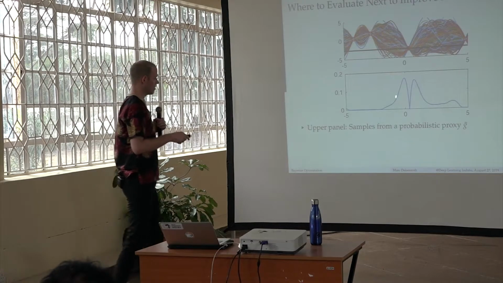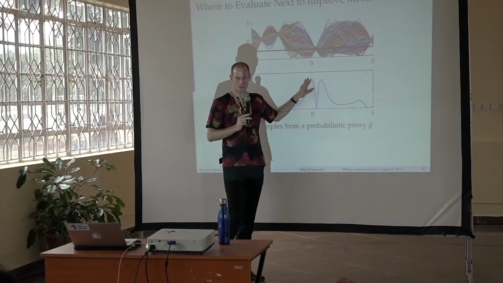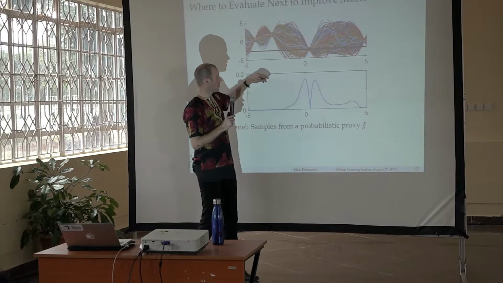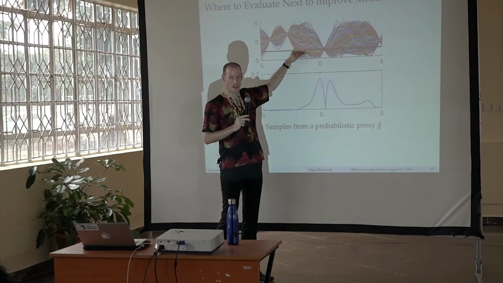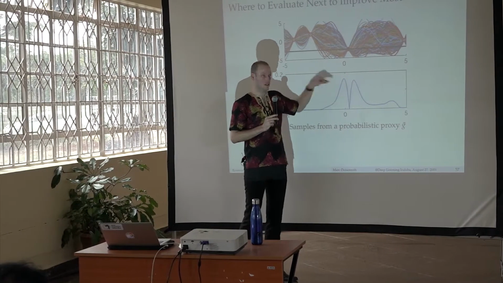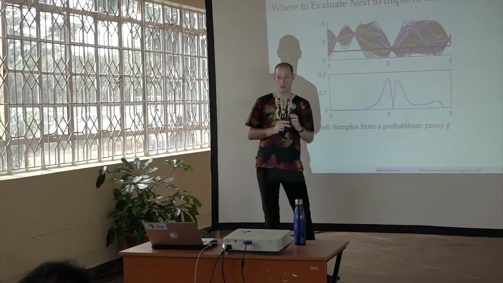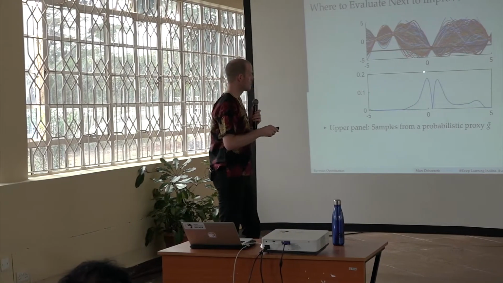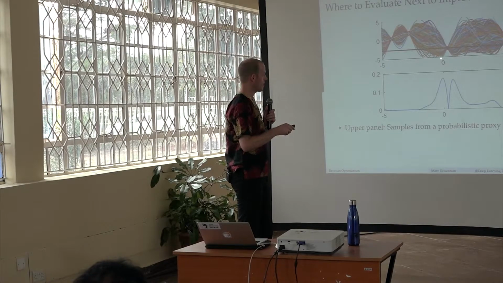This is the corresponding acquisition function that tells me the expected improvement over the best seen point so far. Now I can choose the maximum of this acquisition function, which would be this point here, and I would suggest I should evaluate my true objective function at this point.